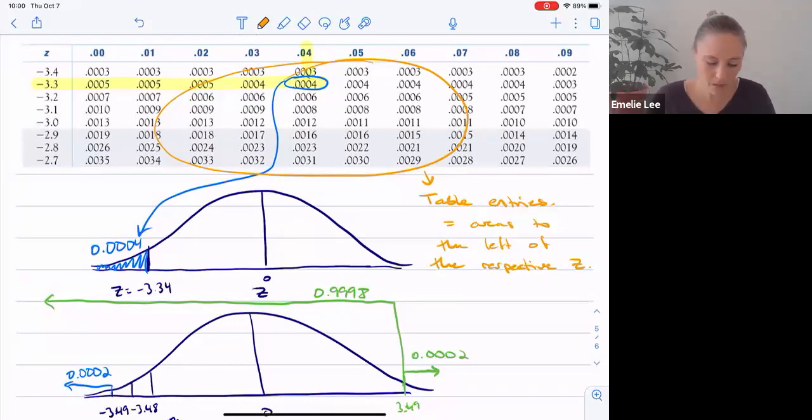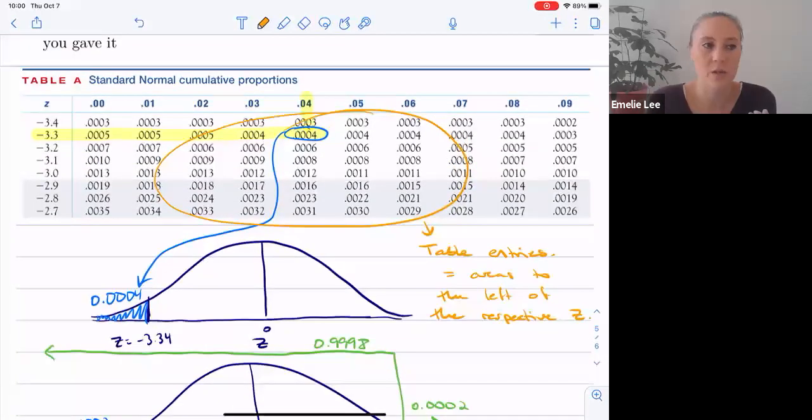Okay. So we're going to just use this table, and I want you to use this table for questions, especially for assignment questions and test questions, just because sometimes things will be hard-coded and it's using the table. Even though it's pretty old school, we don't really need to use tables anymore.